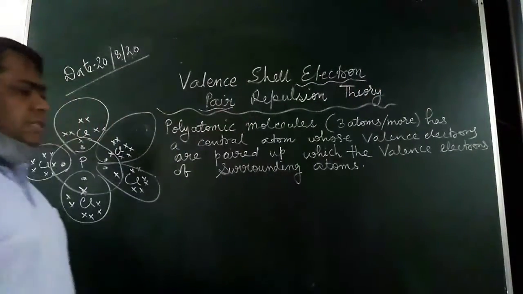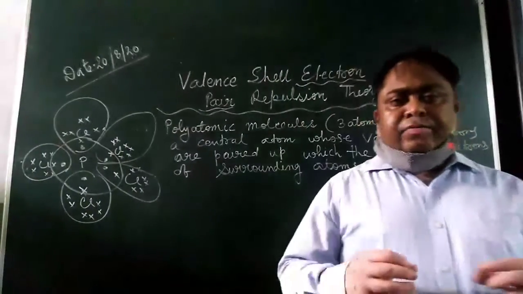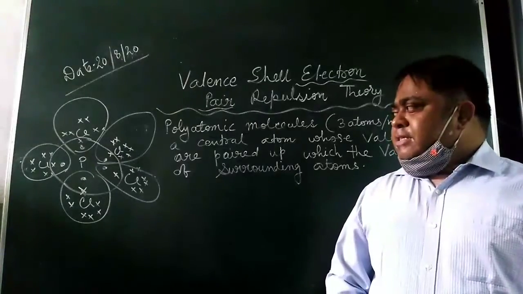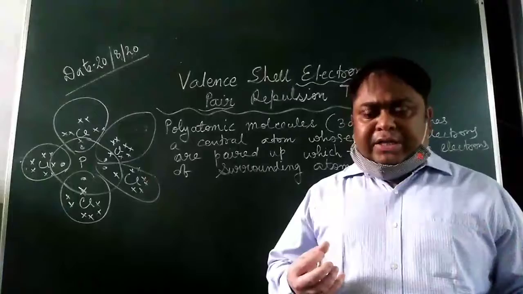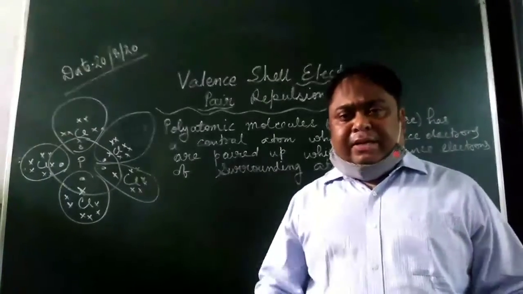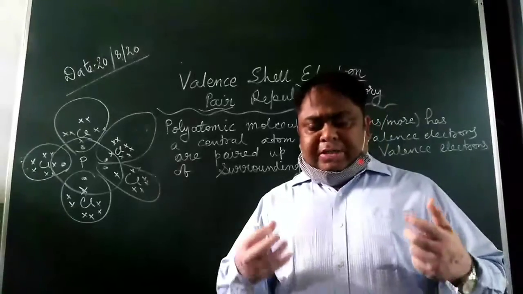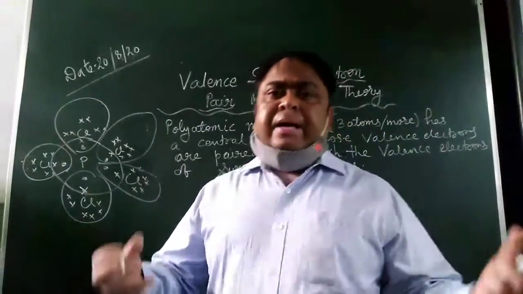These electron pairs, since they are negatively charged particles, are like charges, and they repel each other. Due to this repulsion, they experience a repulsive force, due to which they try to stay away from each other.